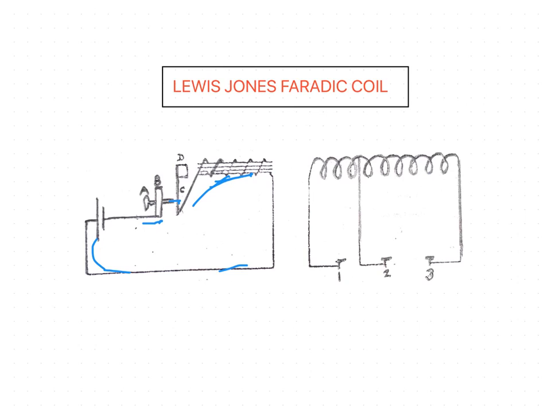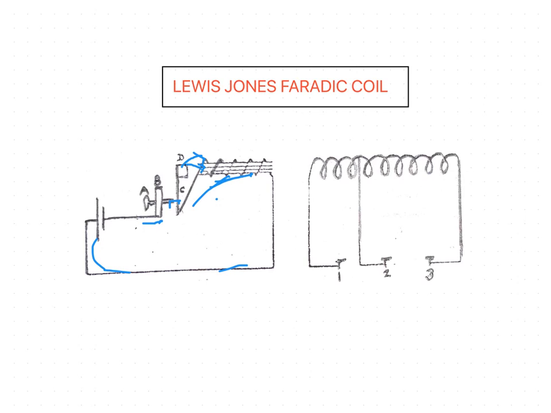Now the core of the coil is magnetized and it attracts the soft iron head of the hammer. Now this one is attracted towards the coil, so it is going to touch the coil. Then what happens?